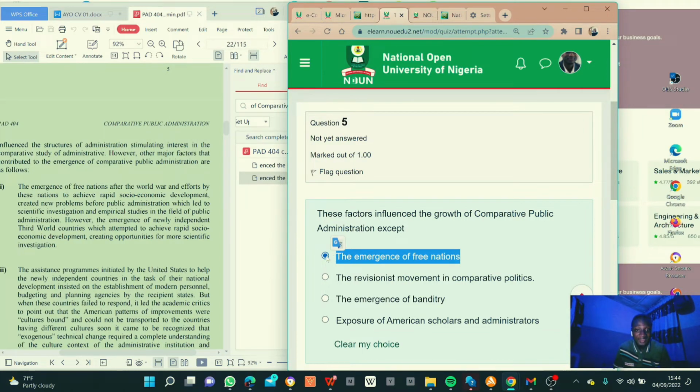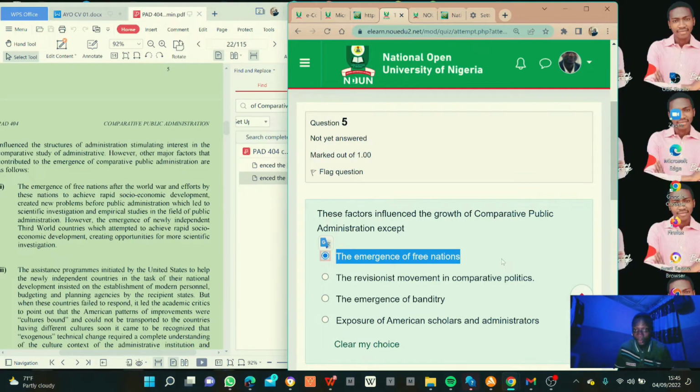As I said earlier, this process is not just to solve the TMA. We are also looking into the material and getting familiar with it. Now you can imagine coming across this in the exam, you already have an idea of the factors that influenced the growth of comparative public administration. Now we have the emergence of free nations.